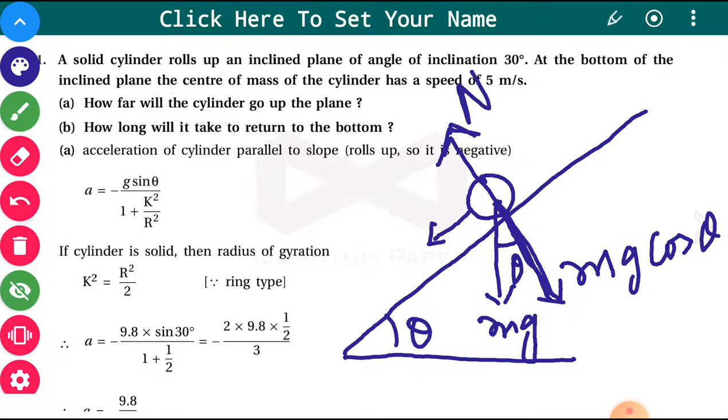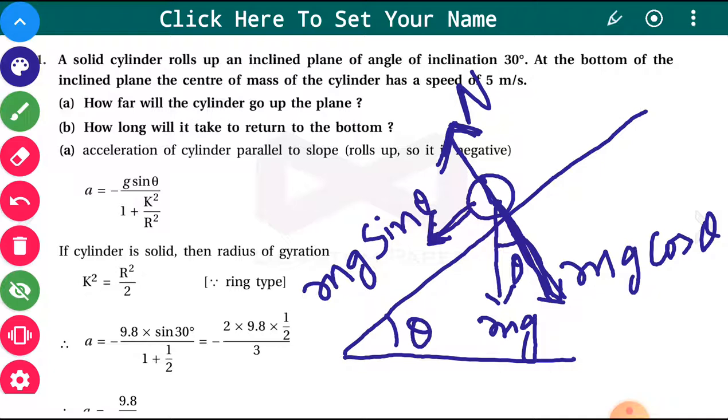The cylinder neither goes in the upper direction nor this side, so both the forces are cancelling each other's effect. Now when it is coming down, the component of mg is mg sin theta.